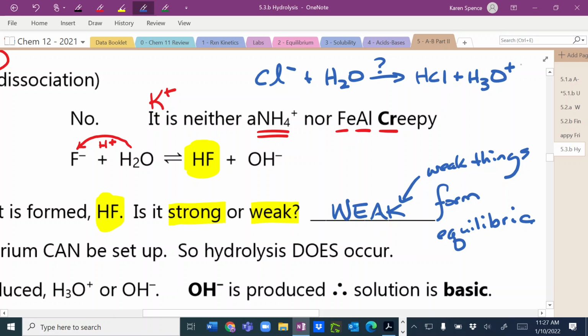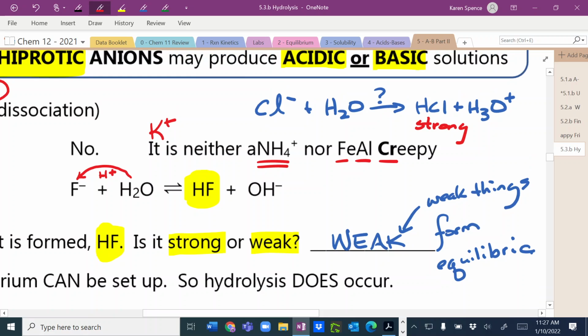And we said no, because HCl is strong. HCl would just push that reaction the other way and say, no, you cannot go forward. However, HF is weak. So can we make HF? We sure can. And if we can make HF, then hydrolysis does occur.